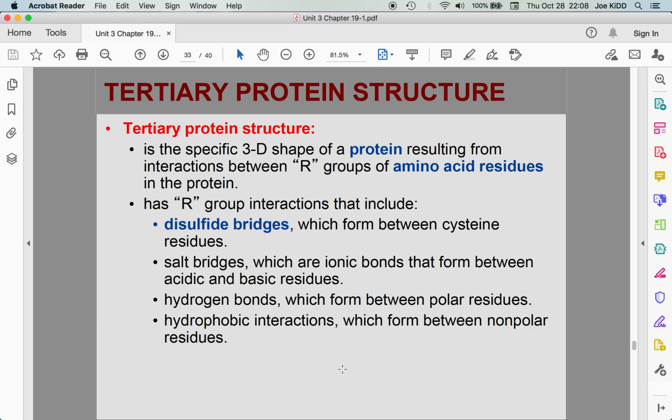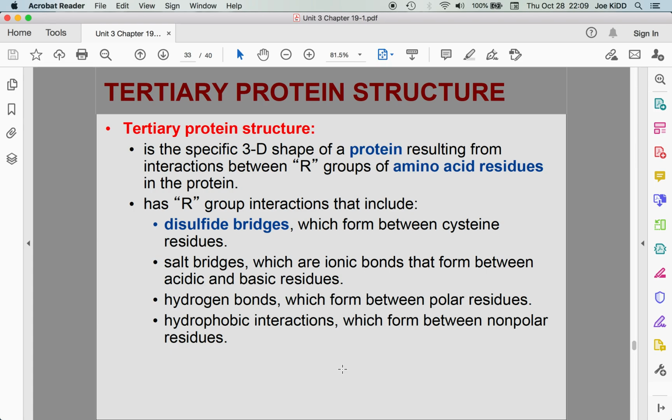Tertiary structure, on the other hand, really results from the interactions between the different R groups, or those defining qualities that make glycine glycine and methionine methionine. Different types of these interactions that we can see would be things like disulfide bridges, which we already talked about.